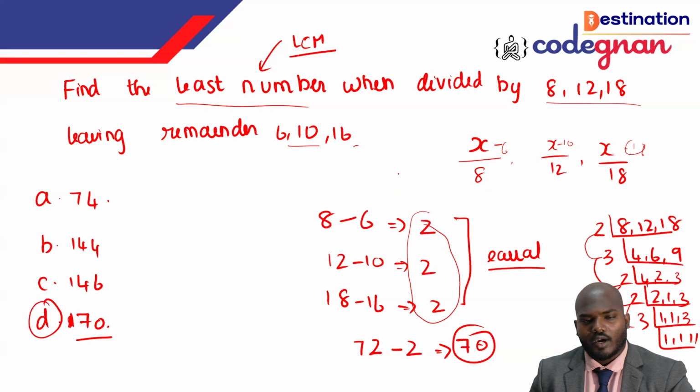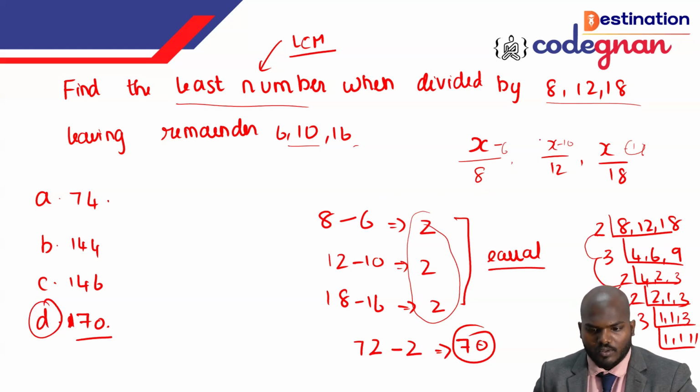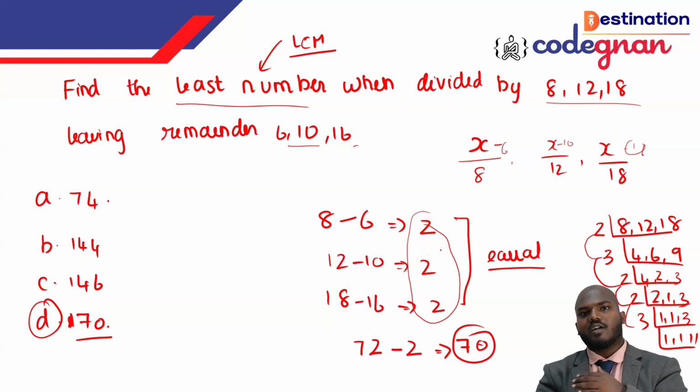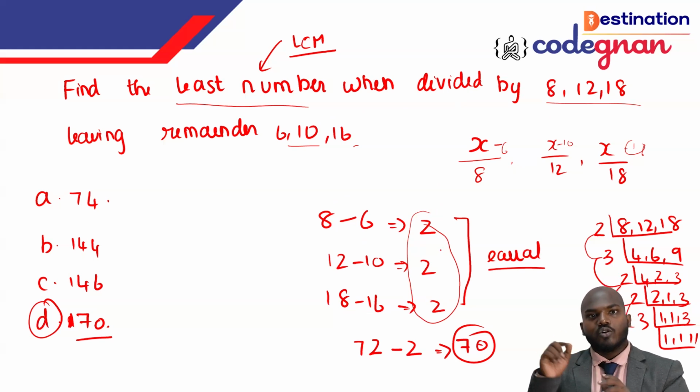Instead of that, I am making the common value. 8 minus 6 is 2, 12 minus 10 is 2, and 18 minus 16 is 2 again. We are getting the same difference in all cases. So I'm taking the LCM of 18, 12 and 8, and I get the value 72 there.